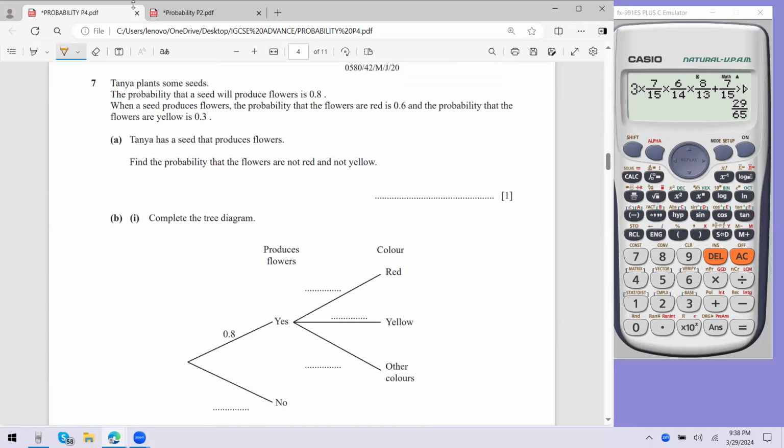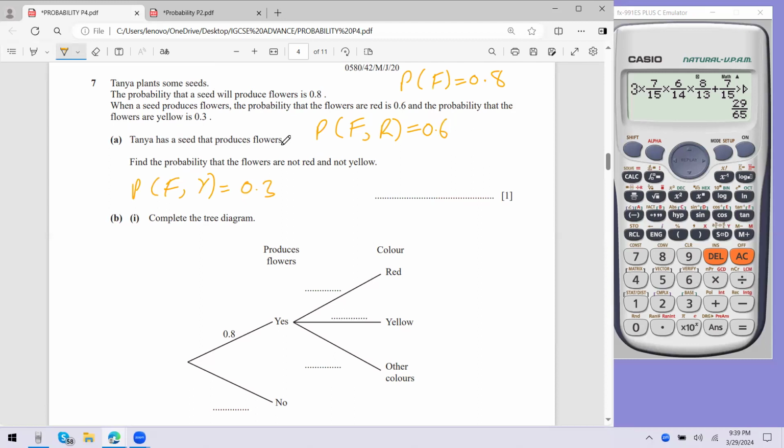When you plant some seeds, the probability that a seed will produce a flower is 0.8. Okay. Probability of flower is 0.8. When a seed produces a flower, the flower is red with probability 0.6 and the flower is yellow with probability 0.3.